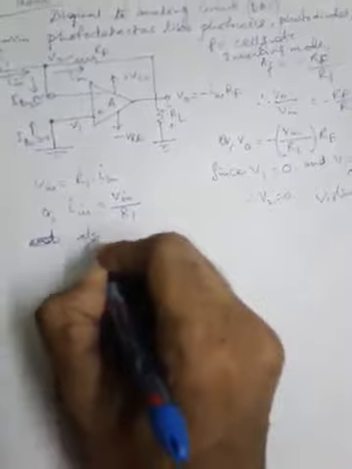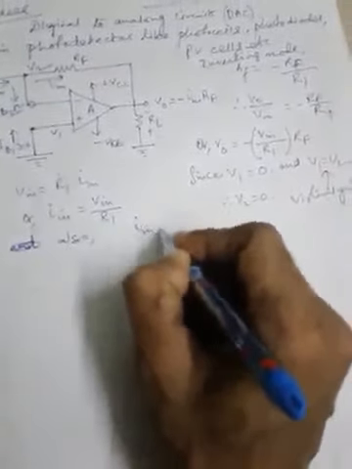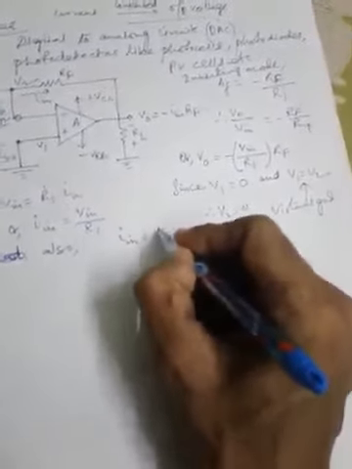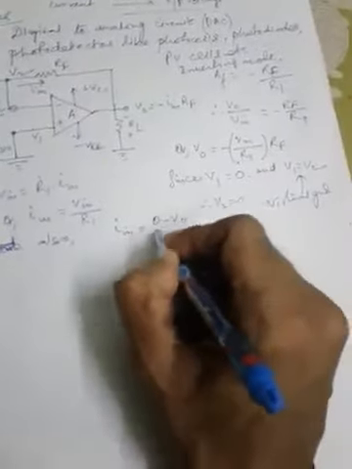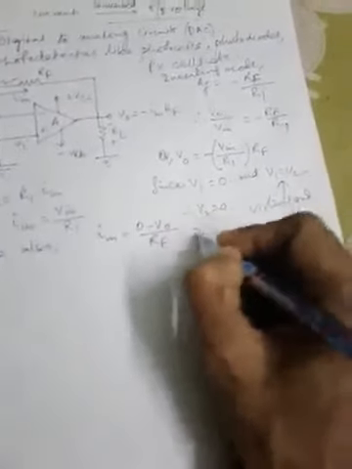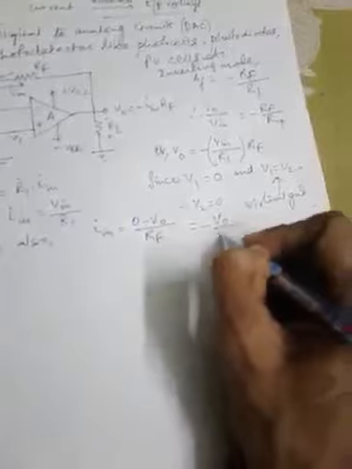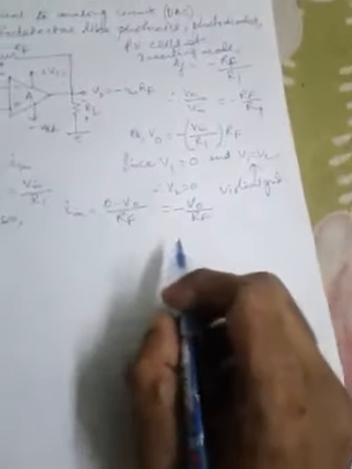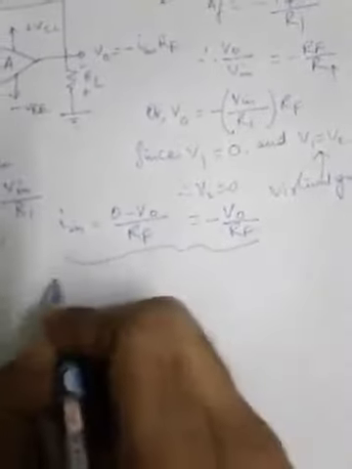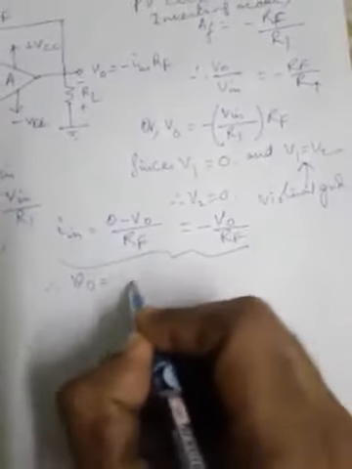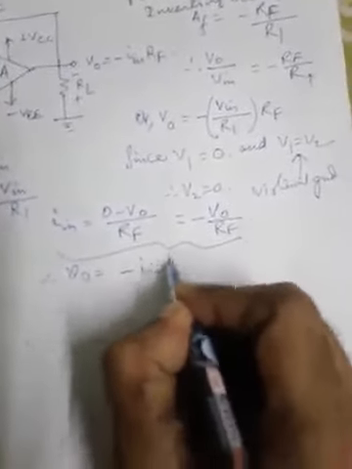So we can write also I in equal to 0 minus VO by RF, that is equal to minus VO by RF. Okay. So these two are same. So from here we may write using this equation that VO is equal to minus I in RF.